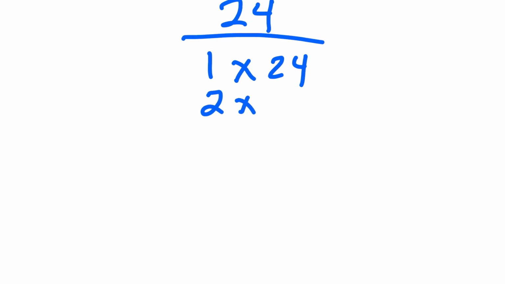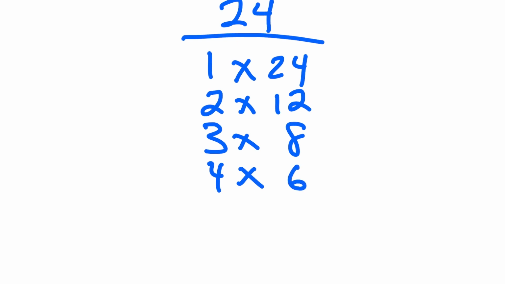But the number 24 is a composite number. A composite number is a number that has more than one set of factors. So 24, you can divide it by 1, because every number can be divided by 1. You can divide it by 2, 2 times 12. You can divide it by 3, 3 times 8. You can divide it by 4, 4 times 6.